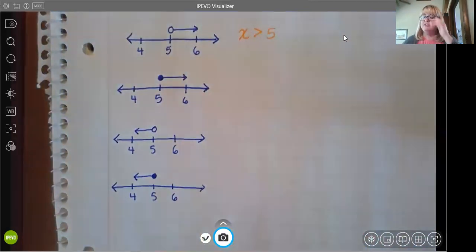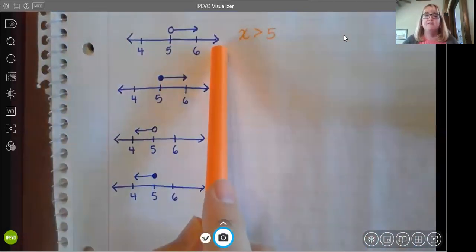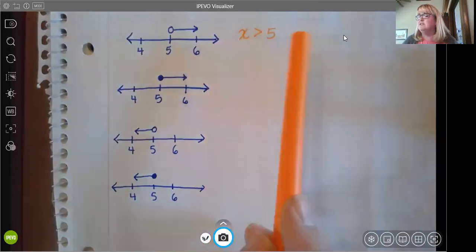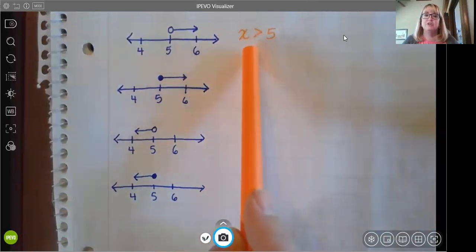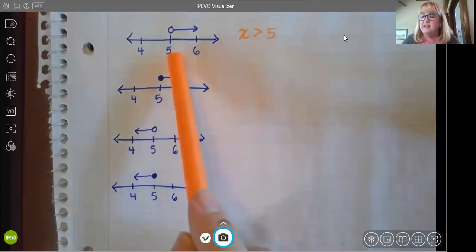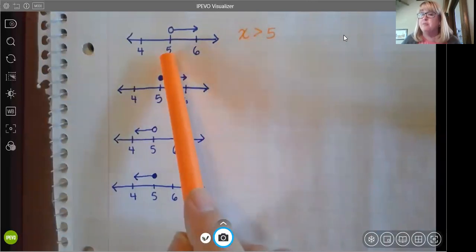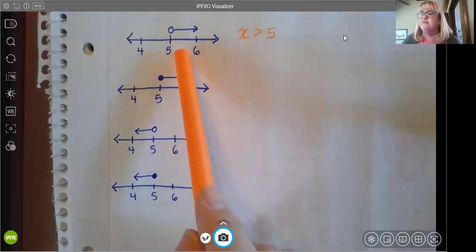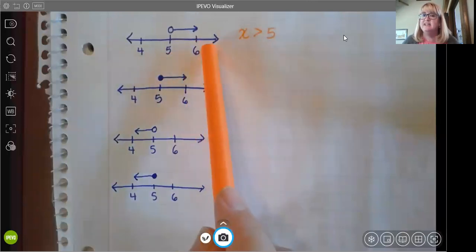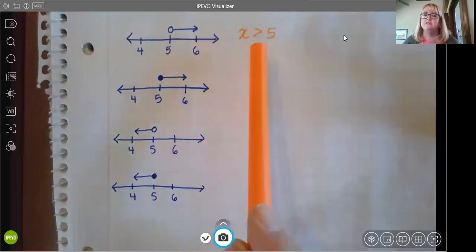And any of the numbers above 5 are part of our solution set. Any of those numbers above 5 make this true. Now, it does not include 5, but 5.1 is true, 5.2, etc. 6 is part of it, 10, all of those.